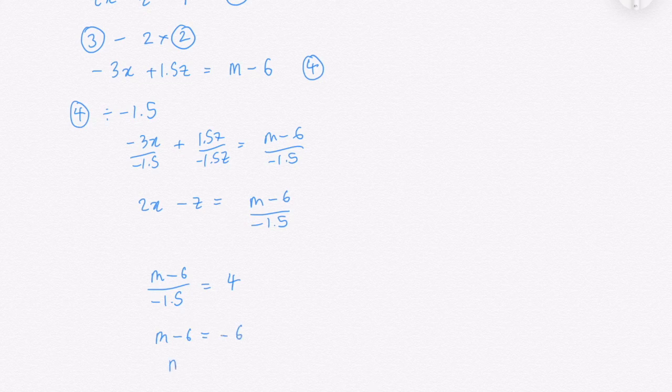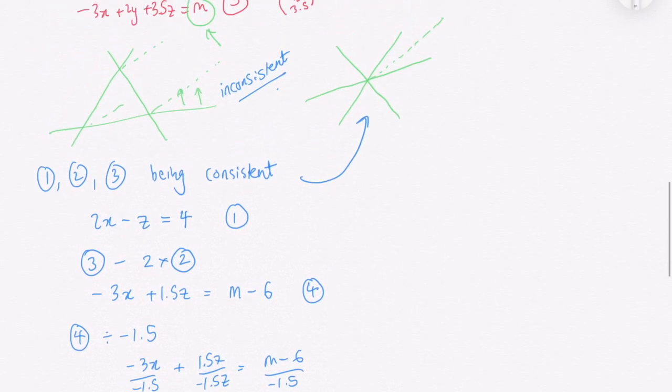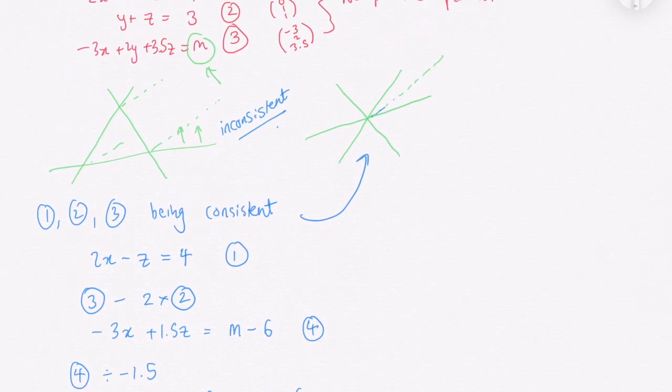Adding 6 to both sides, we have m equals 0. So the value of m which makes these equations consistent is m equals 0, and that is the case where all three planes intersect along a line. So we actually have an infinite number of solutions that form a straight line in 3D space.